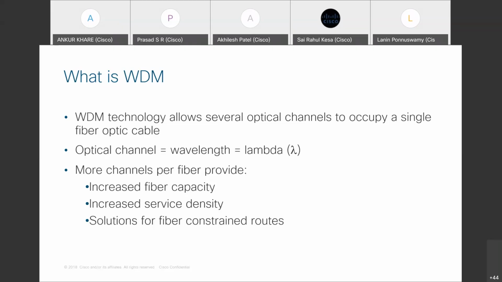Okay, so this technology takes the different wavelengths, multiplexes them, and puts them in a single fiber, so that you can carry more data, more channels within the same fiber without laying additional fiber. So here, the advantages are more channels per fiber, increased fiber capacity, increased service density, and a solution for fiber constrained routes.